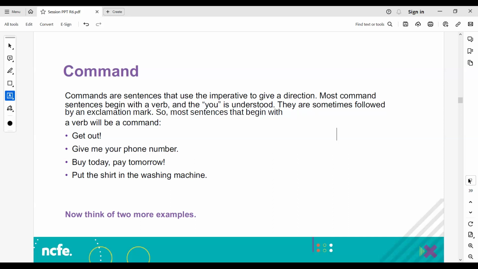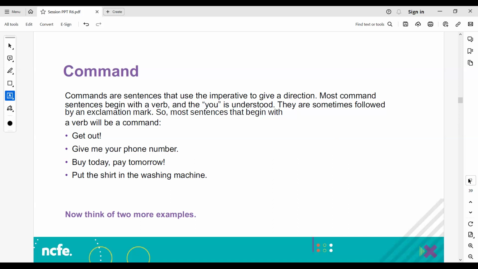And again, that's another clue. It starts with a verb, it ends with an exclamation mark. That's a big clue that that is a command sentence. Put the shirt in the washing machine. Again, the verb put at the beginning, it's a command sentence.